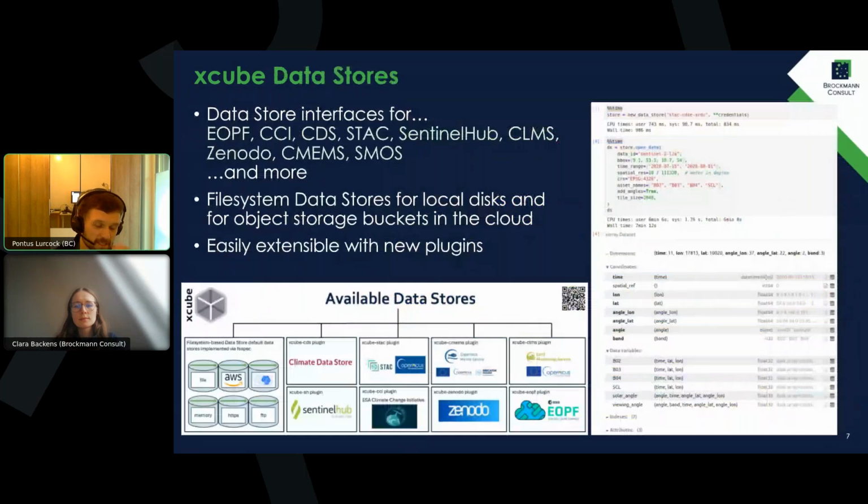So coming back to the data stores, which are going to be a major component of today's demonstration and presentation. Looking down here at the bottom left, we have a sort of structure diagram of a few of the main ones. The main division here is between the file system type stores, the little cylinders at the bottom. So these are the ones that let you read data from your local disk, from object storage buckets in the cloud, and also to write it to anywhere we have permission to do that.